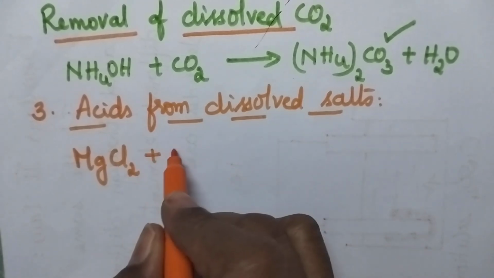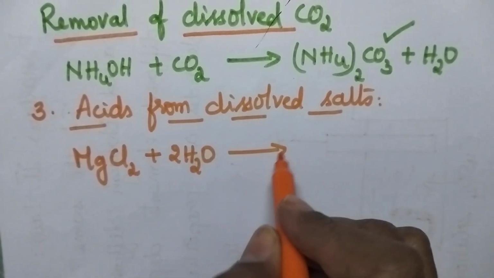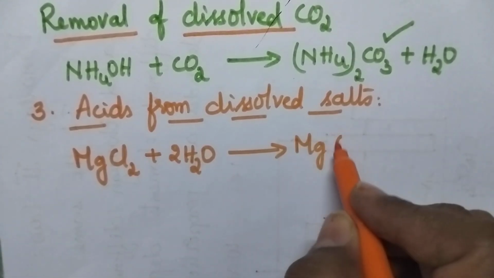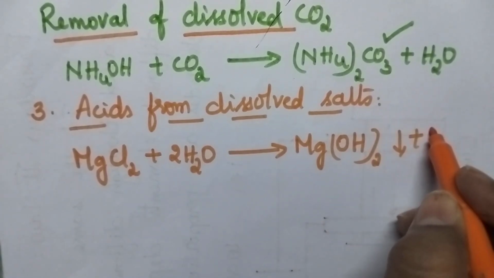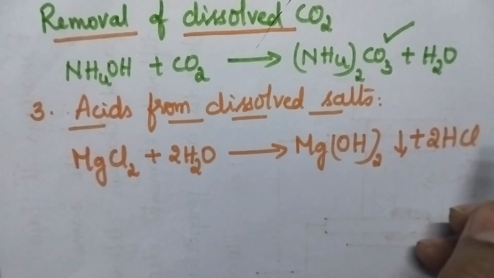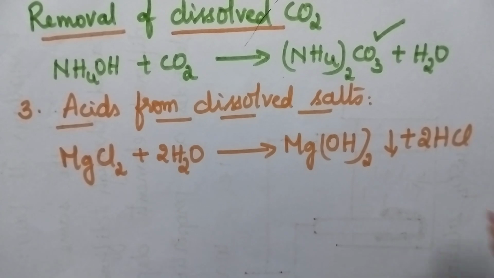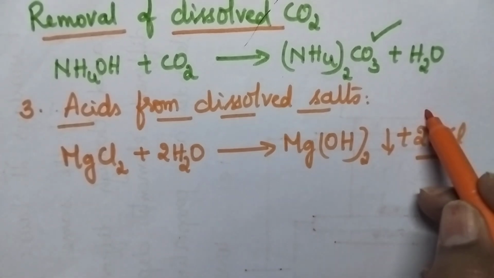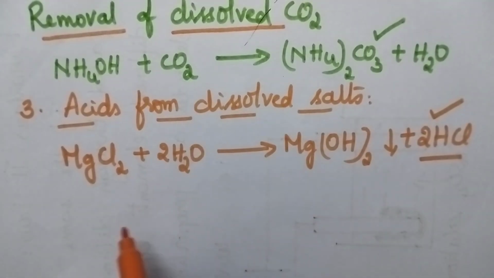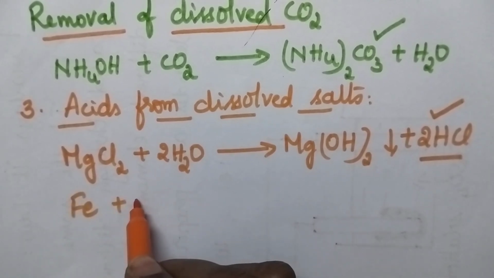At high temperatures, it readily reacts with water and gets converted into magnesium hydroxide along with the formation of HCl. Whenever HCl is formed in the boiler water, it is a strong acid and it readily attacks the boiler material.